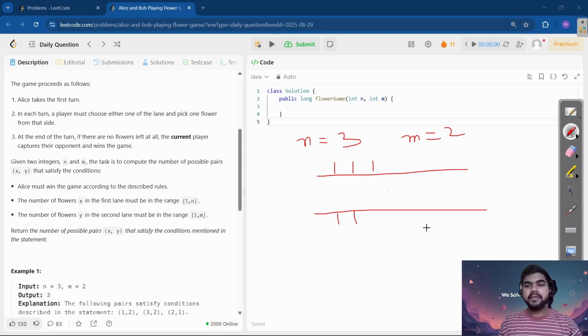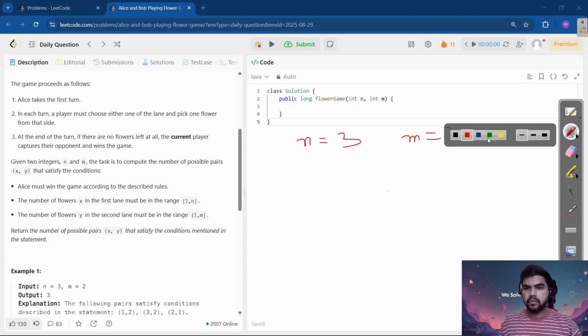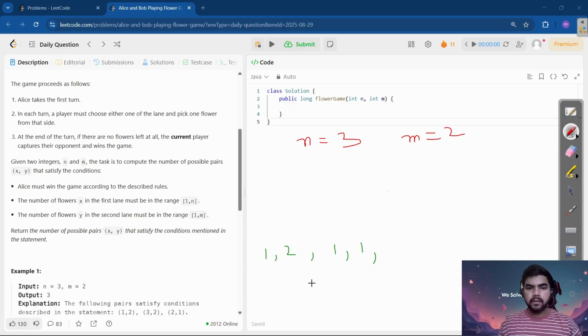And we want to find such pairs where Alice wins the game. So let's try to make the pairs first. How many pairs can we make? Let me write them numerically: 1 comma 1, 2 comma 1, 3 comma 1.